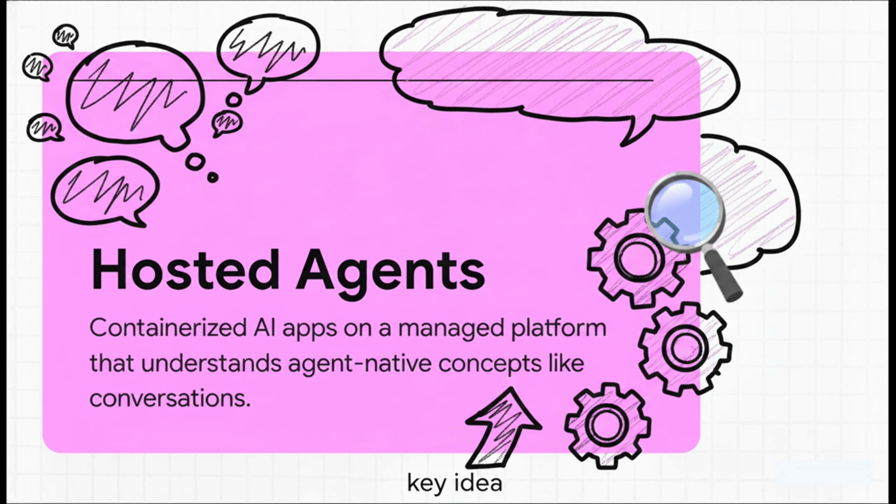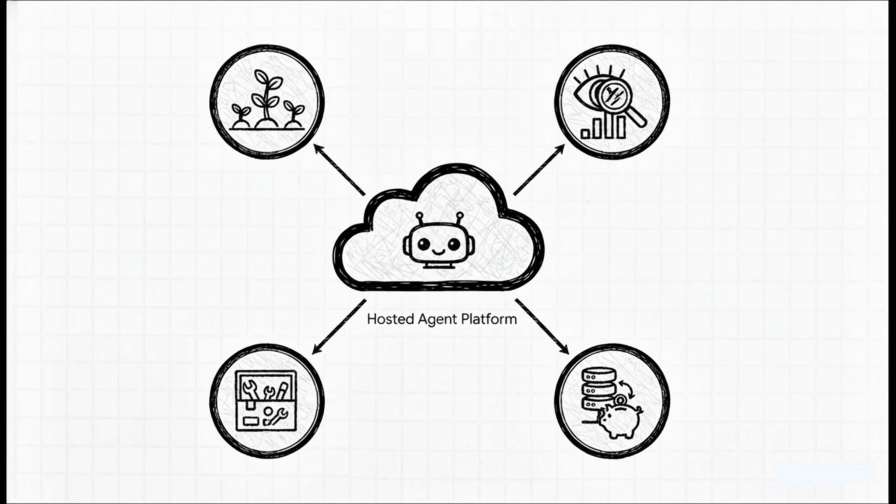It actually understands core agent ideas like conversations and tool calls right out of the gate. And that just makes your life so much easier. So what does that actually mean for you, the developer? Well, it means you get a managed lifecycle. Observability with OpenTelemetry is just built right in, and you can bring your own favorite framework, like LangGraph, for example. The platform does all the heavy lifting, even scaling down to 0 so you're not paying for idle time.